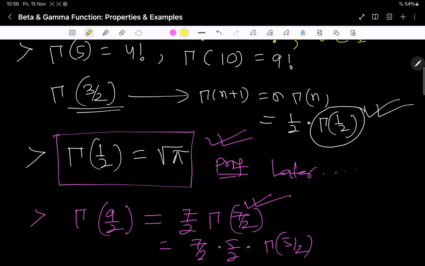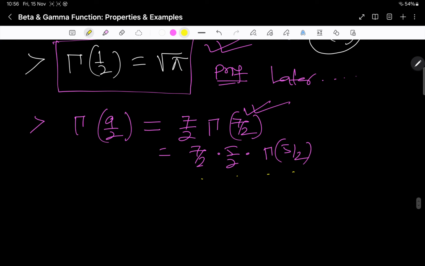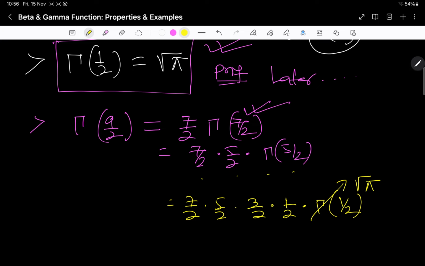You can continue it. So this will be 7 by 2, then 5 by 2, then 3 by 2, then half, and gamma of half. Gamma of half is root pi. Later on we will prove it. So this is the outcome now.